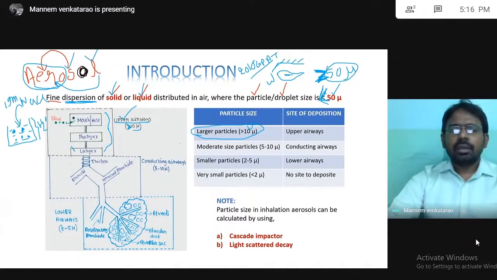Next, moderate particles. Greater than 10 is already completed. Next is 5 to 10 micron. These 5 to 10 micron particles can deposit in, so larynx completed, next trachea, bronchi, terminal bronchiole.